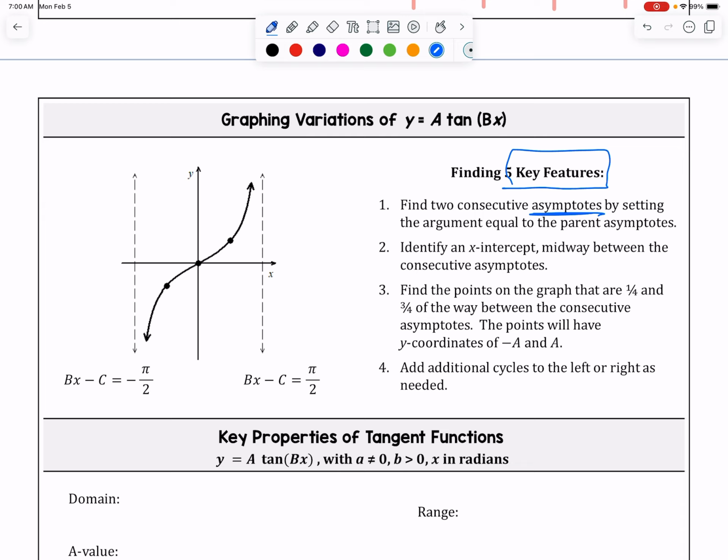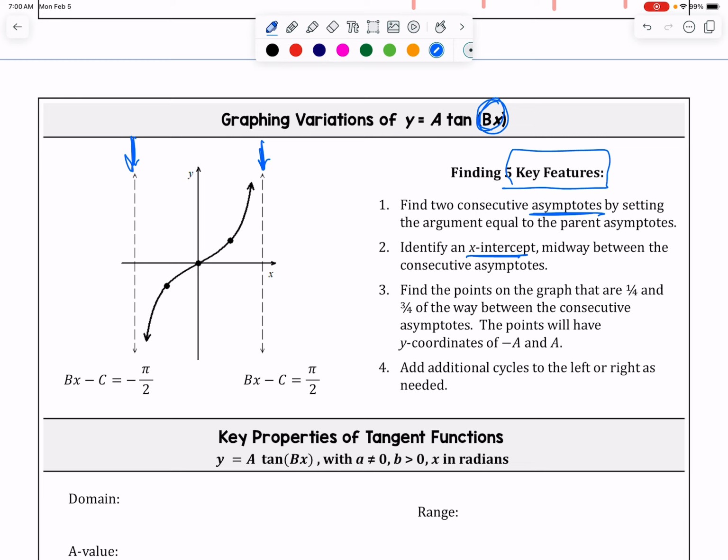So remember, the argument is in here. So that's where we're going to set that equal to negative pi over 2 and positive pi over 2, and we're going to get our asymptote. So if we can get an asymptote here and an asymptote here, then we can identify our other 3 points. Midway, we're going to get our x-intercept, right?